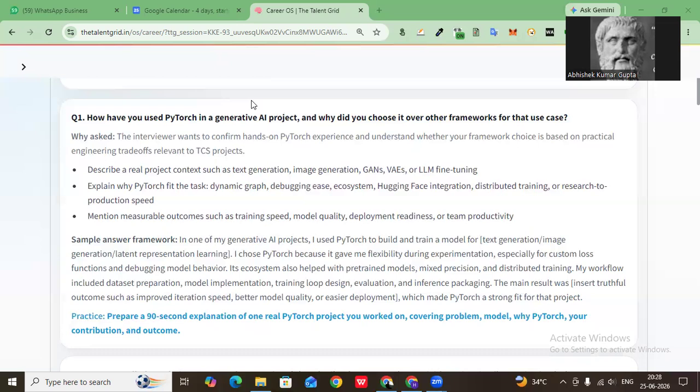Second is debugging. The standard Python debugger works directly with PyTorch code because it is written in Python.